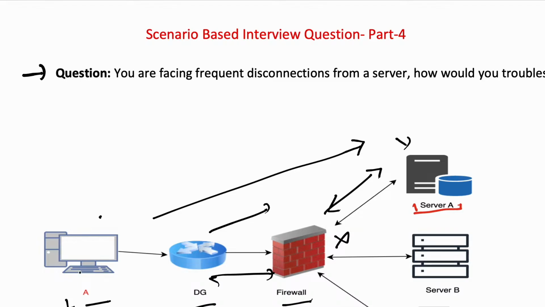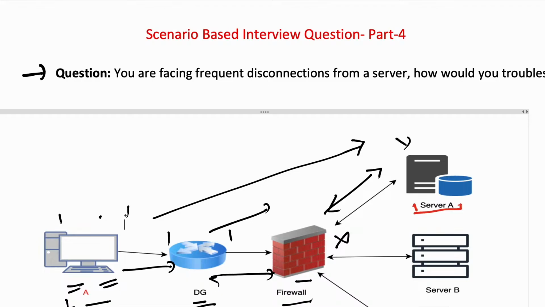The same goes for the PC. If I'm getting issues pinging from the PC, but not from the firewall or the default gateway on both pings, there could be an issue with the ACL or on the router, or any client related issues. So this is the first thing, how you'll narrow it down.